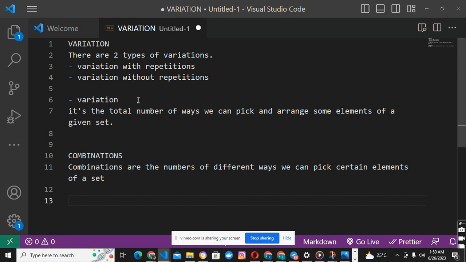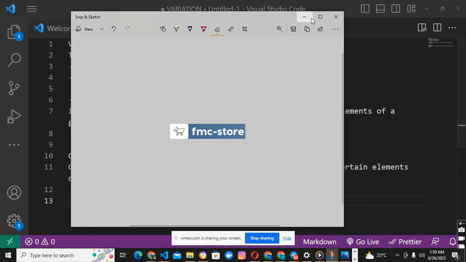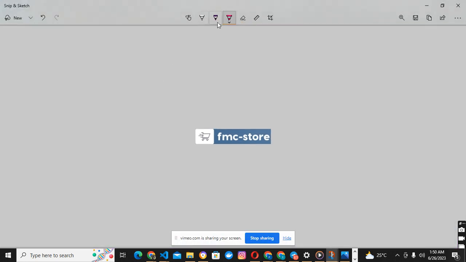If you have to solve this using variations, you would say V, because you have 10 balls, and you have three.